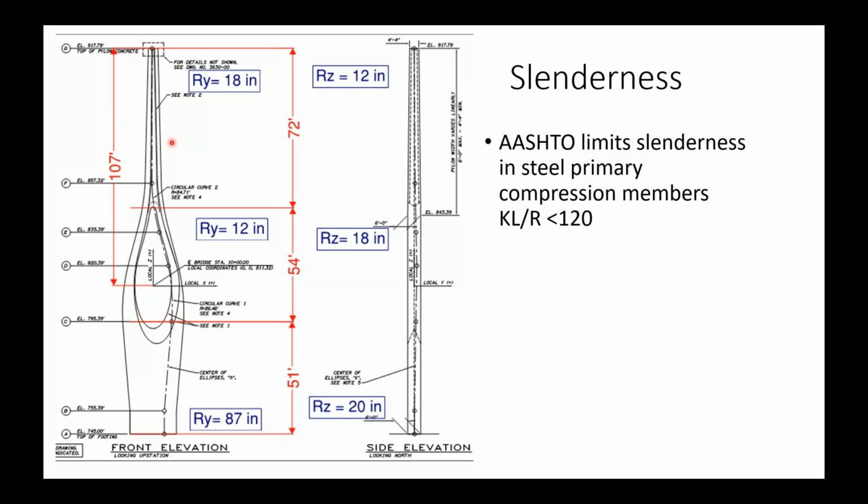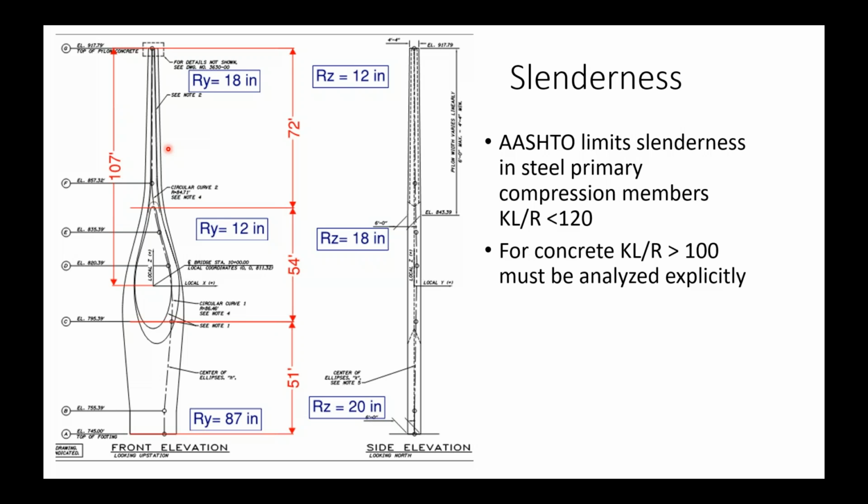This pylon is concrete, and they're a little less prescriptive about concrete elements. For concrete compression elements, they suggest that slenderness greater than about 100 has to be analyzed explicitly, but there's not very clear guidance on exactly what that means and what to do there.